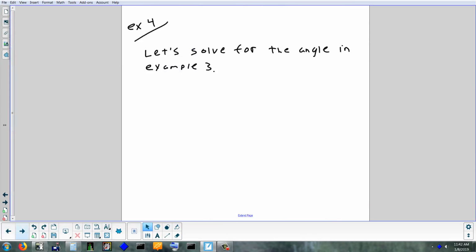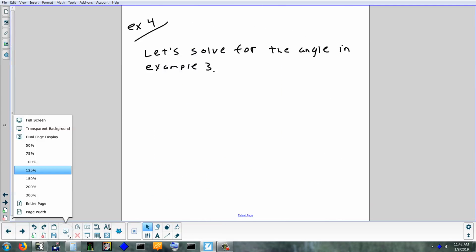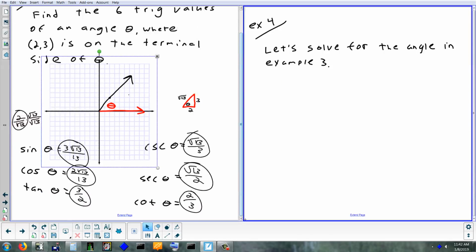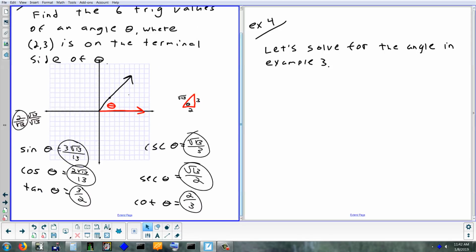All right, let's solve for the angle in example 3. So now I want to know what the angle is. We have 6 equations. You could use any single one of those to solve. I would definitely stick with one of these 3 because you're going to have to use inverse trig and you've got buttons for those. Which one would I do?